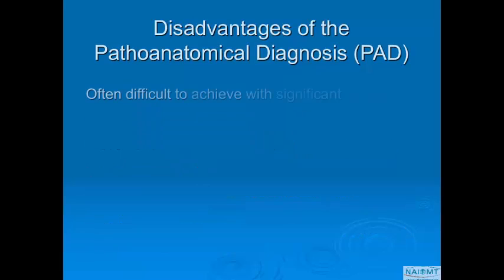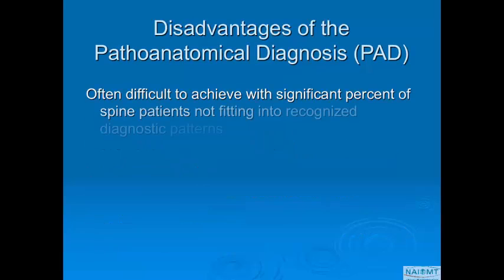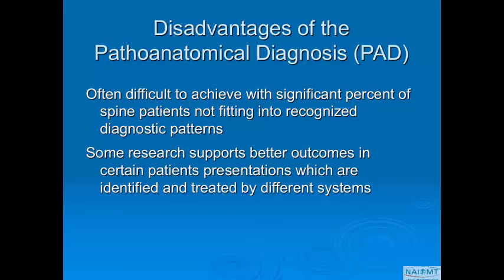The disadvantages of this approach are that, particularly when we talk about the spine, we have difficulty placing our patients into recognized diagnostic patterns. There are many that fall outside of these patterns. In some conditions, the research supports treating based upon other systems.